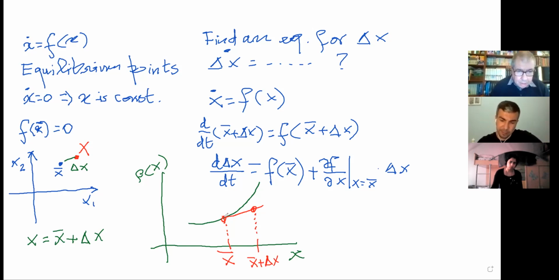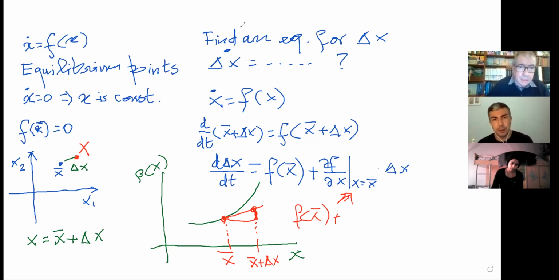It is f of x bar, plus this increment. And this increment is the slope of this line, which is a derivative, multiplied by delta x, which is that term.